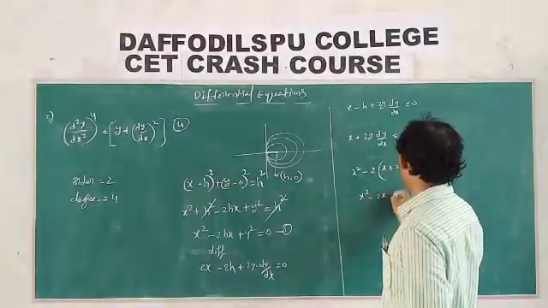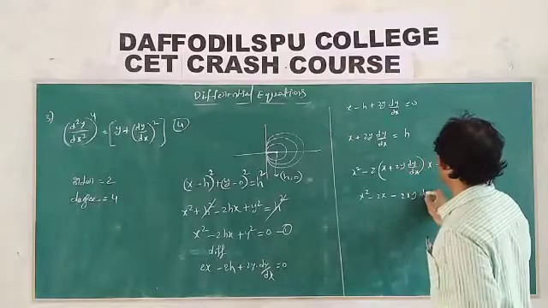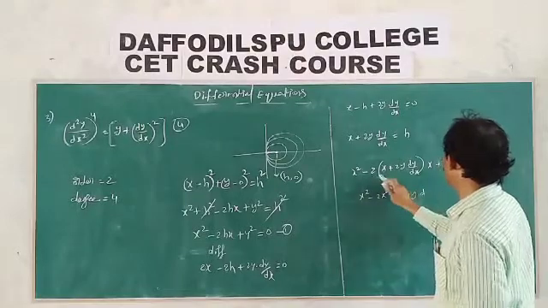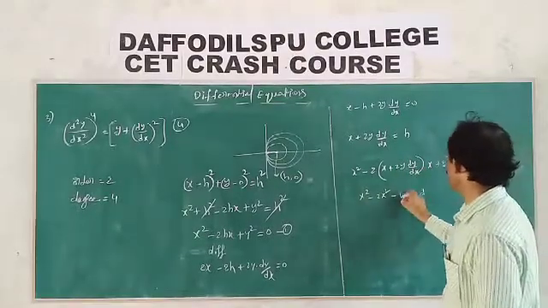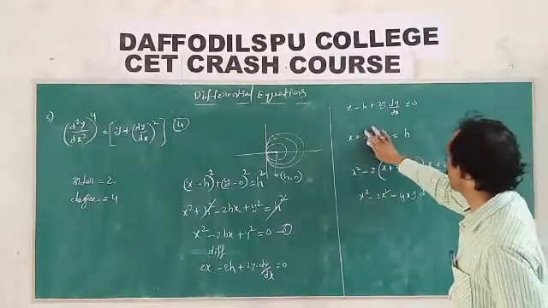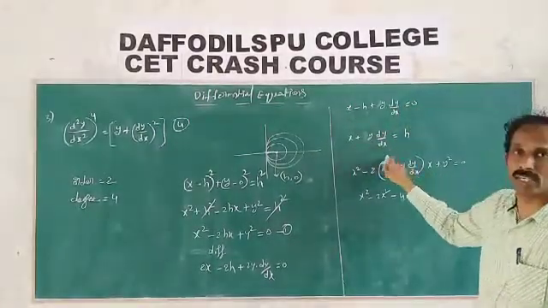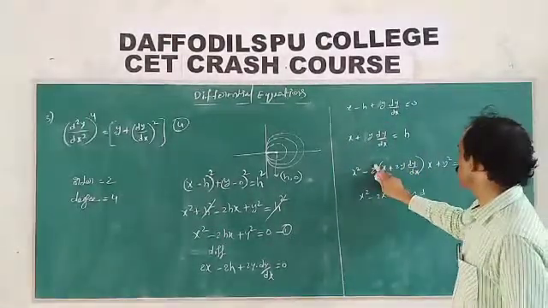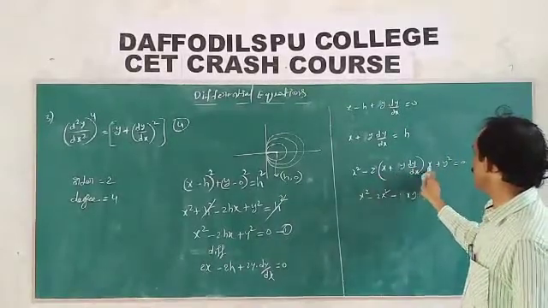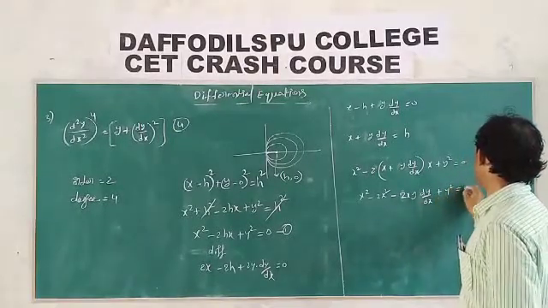x square minus 2x square minus 2xy dy by dx plus y square is equal to 0.